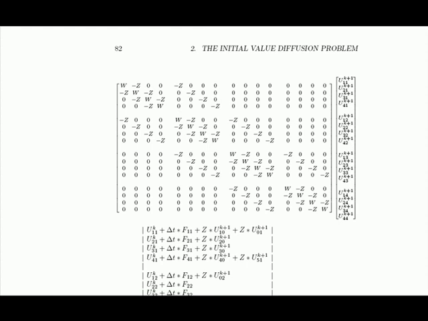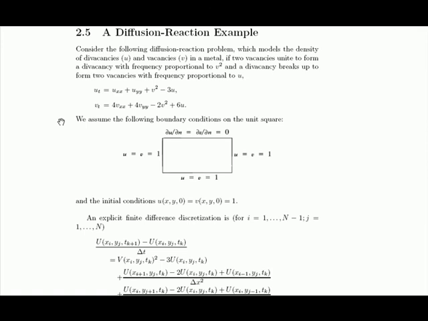Finally, we have an example. This is a system of two diffusion equations. So there are two unknown functions. They're both functions of x, y, and t. We have the following boundary conditions on u and v in the square, and initial conditions that u and v both start out to be 1. Notice these are nonlinear.